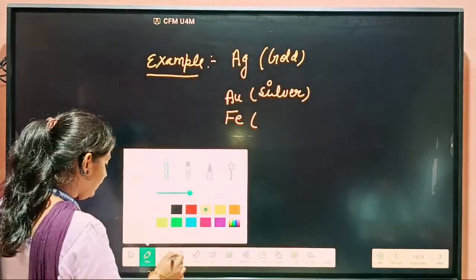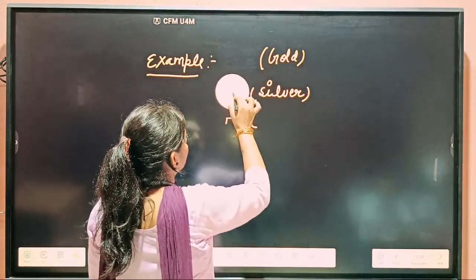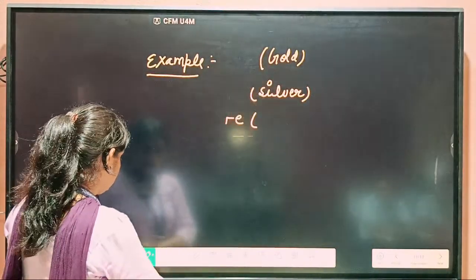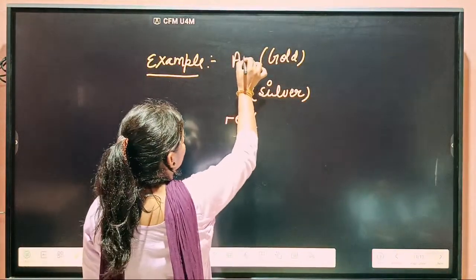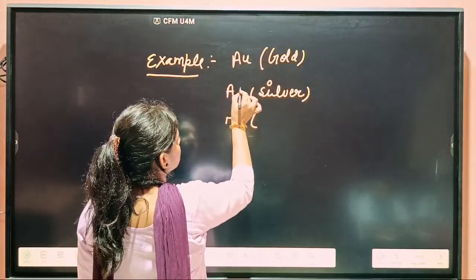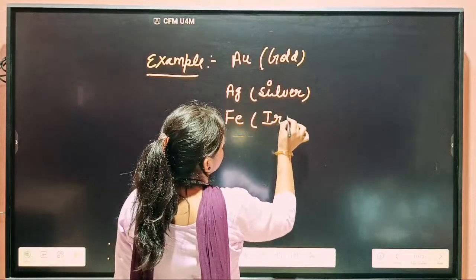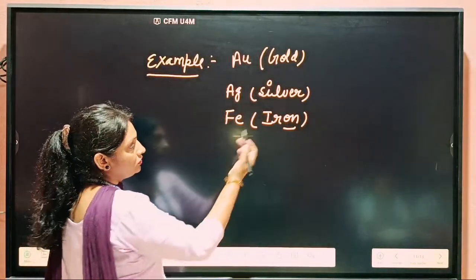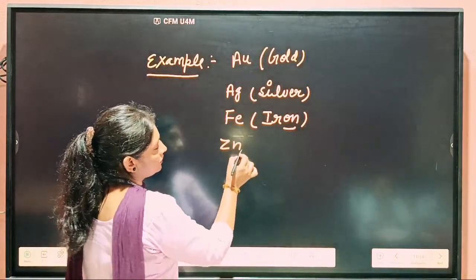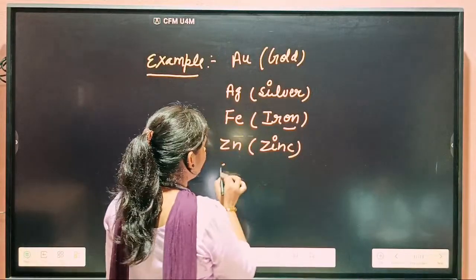Oh, by mistake I have written that, beta. Sorry. Symbol of gold is Au and symbol of silver is Ag. Fe, iron. Some other metals also: zinc, copper.